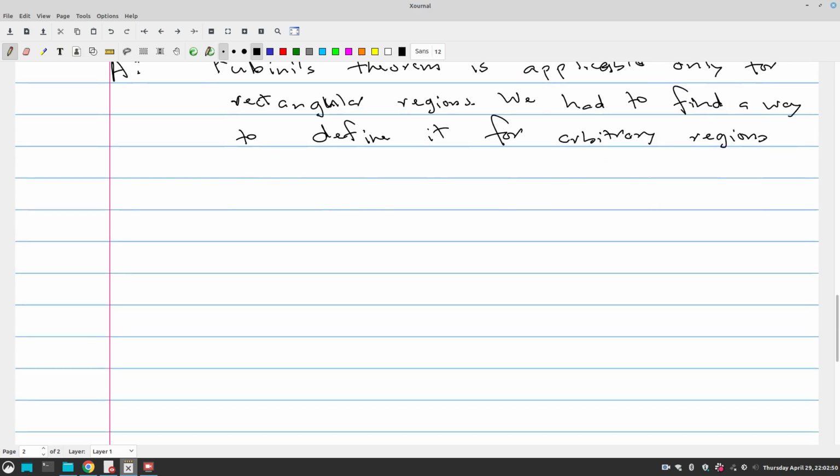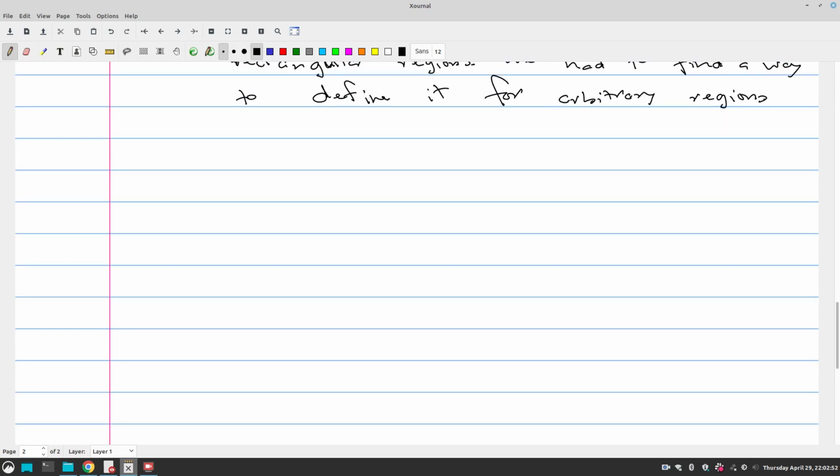Right? So what we'll do is define a special type of region in R2. We're going to call this a type 1 region. Right?